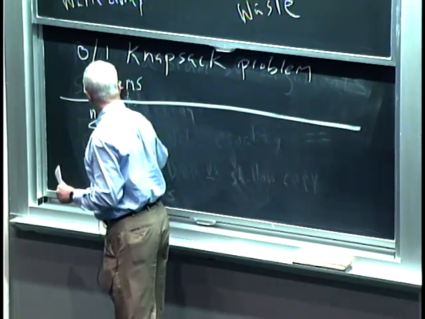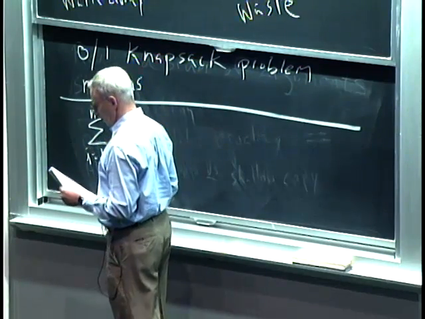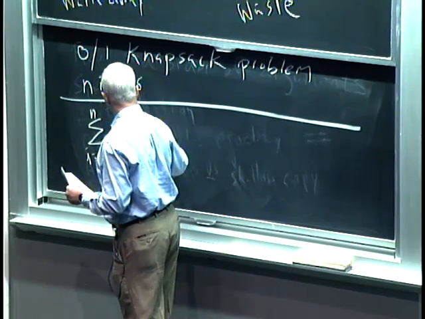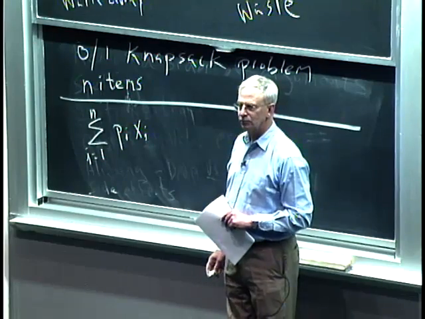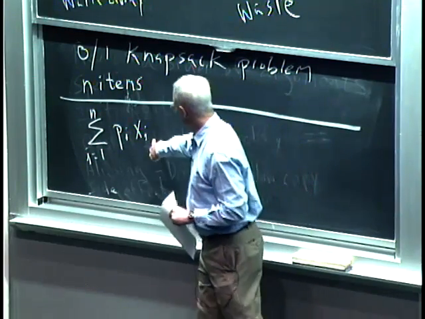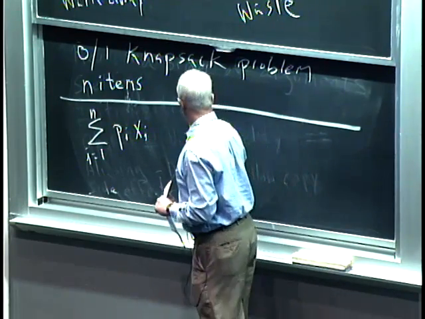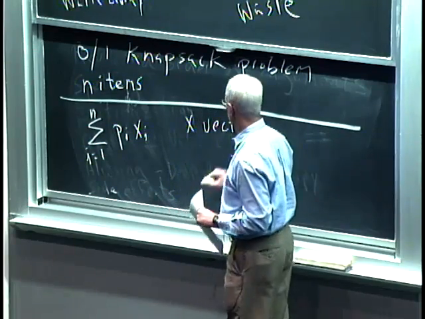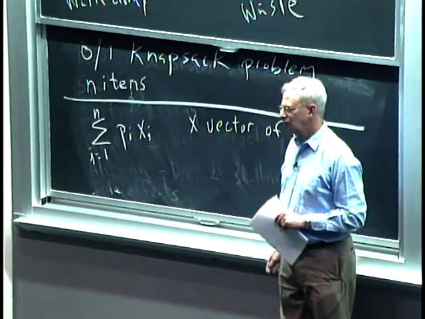And then what I want to maximize is the sum of the price of item i times whether or not I took x_i. So think of x as a vector of zeros and ones. Hence the name of the problem.